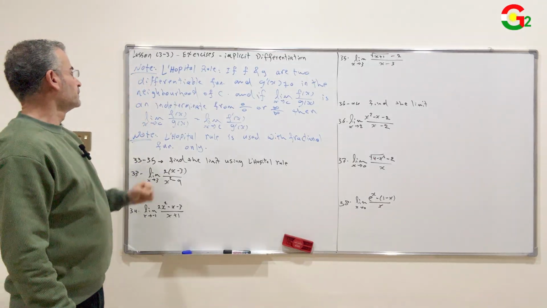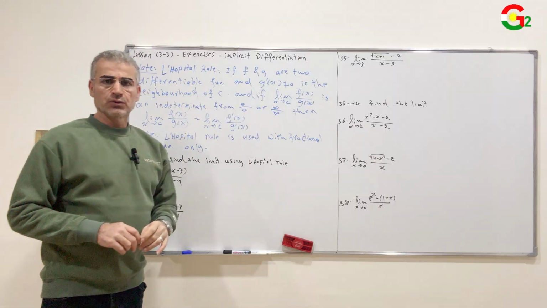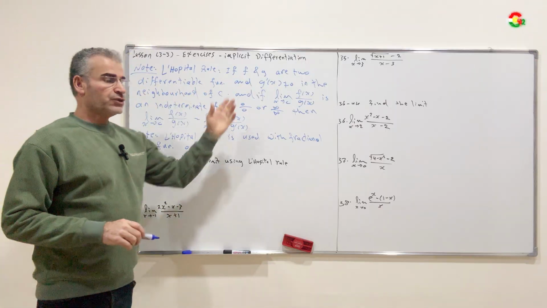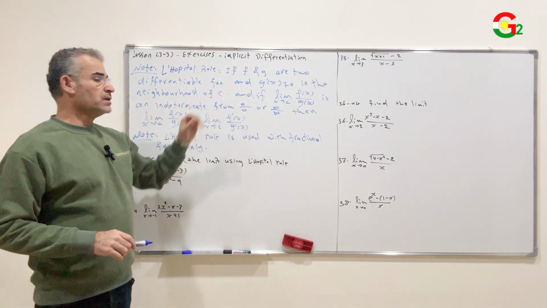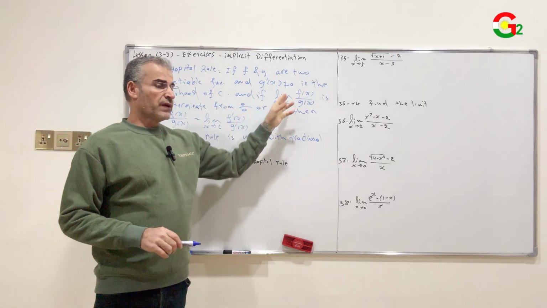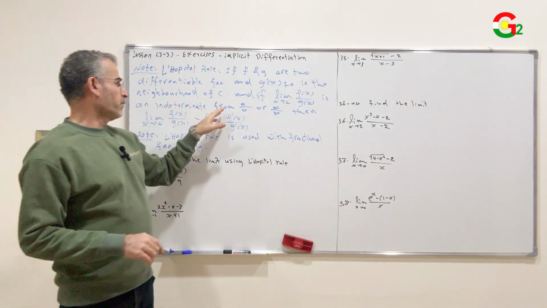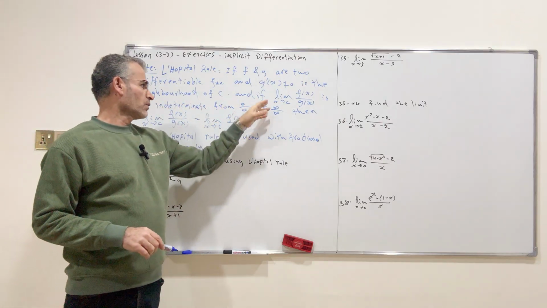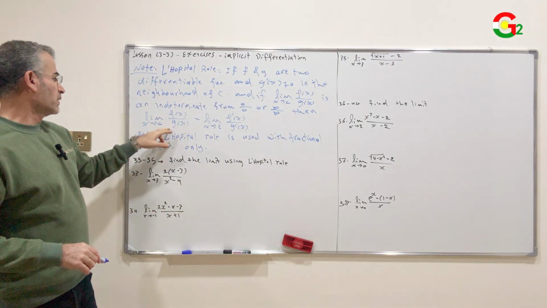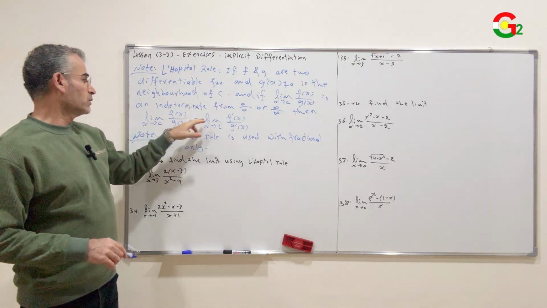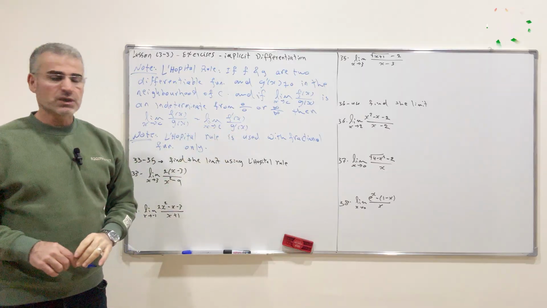Question note, definition of L'Hopital rule. If f and g are two differentiable functions and g prime of x is not equal to 0 in the neighborhood of c, and if the limit of f of x over g of x when x approaches c is an indeterminate form 0 over 0 or infinity over infinity, then the limit of f of x over g of x when x approaches c equals the limit of f prime of x over g prime of x when x approaches c.